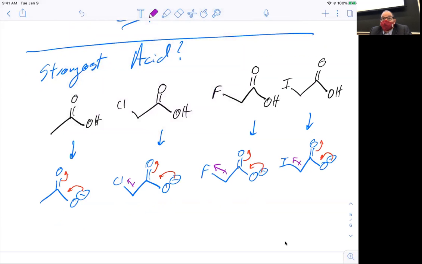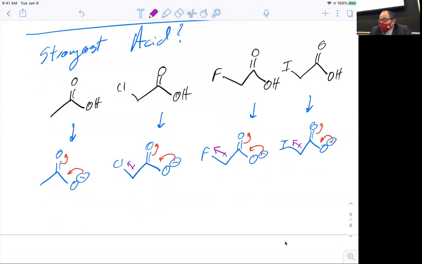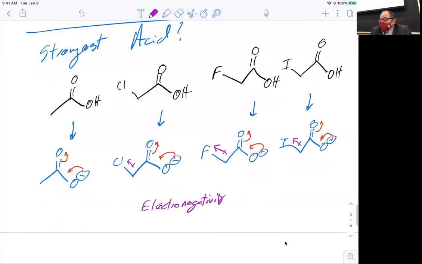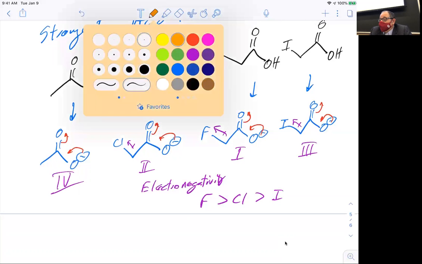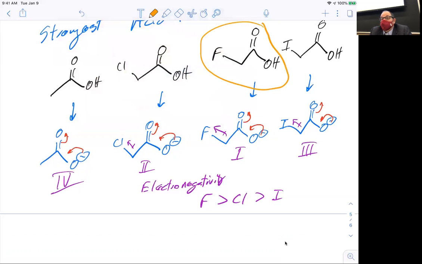The inductive effect is based on electronegativity, and the electronegativity here is going to be fluorine greater than chlorine, which is greater than iodine. So if we had to rank these, we'd have 1, 2, 3, 4. The most acidic is going to be the fluoride.